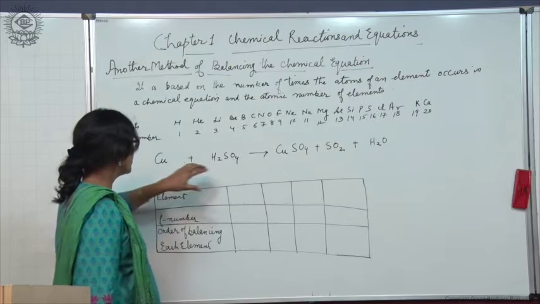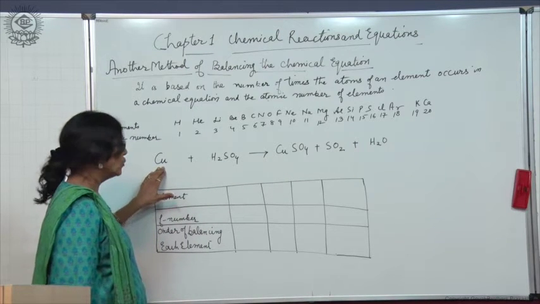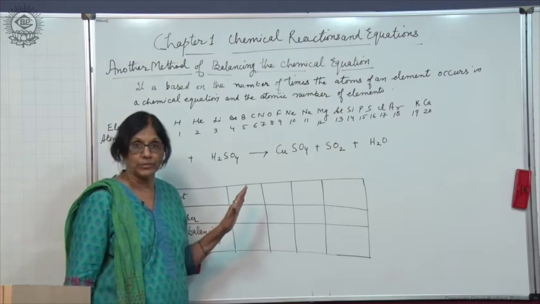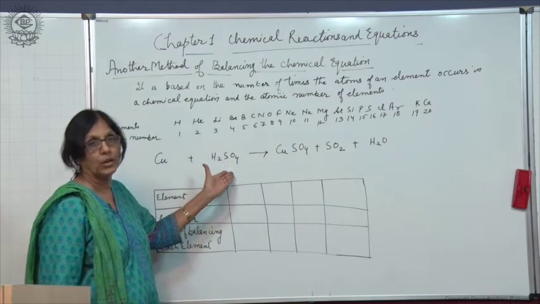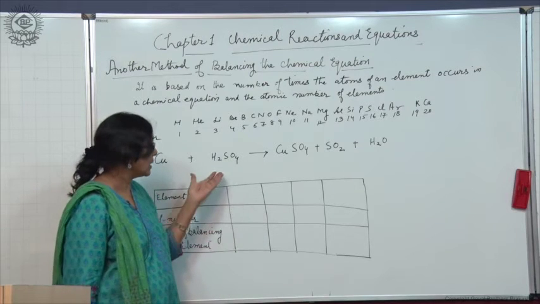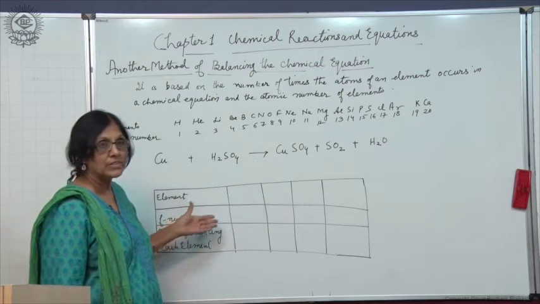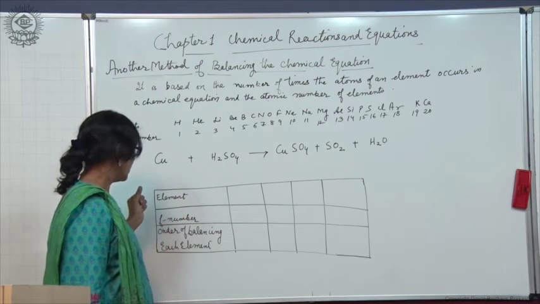So 2 is the frequency number or F number of copper. You do not have to count the number of atoms present in the formula. You only have to count how many times the element appears in the chemical equation. That gives the frequency number or F number.